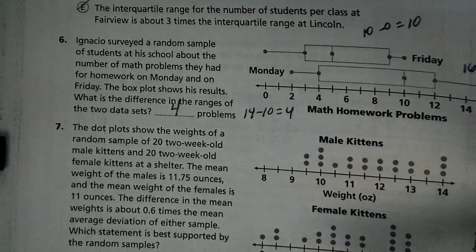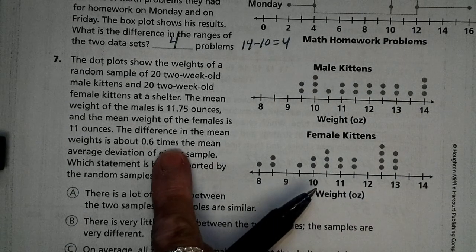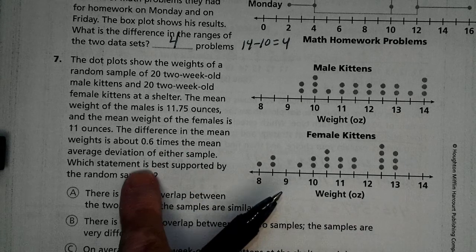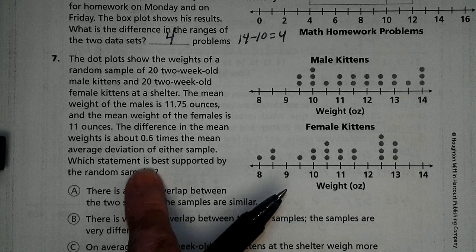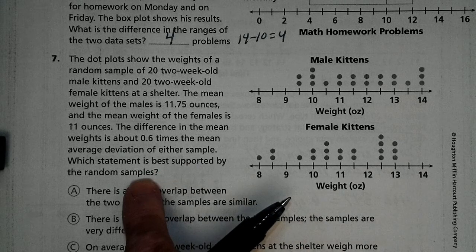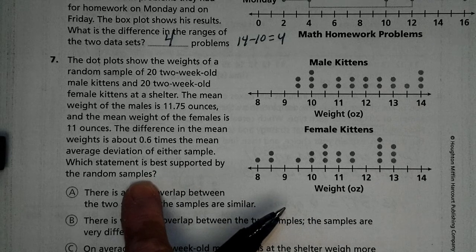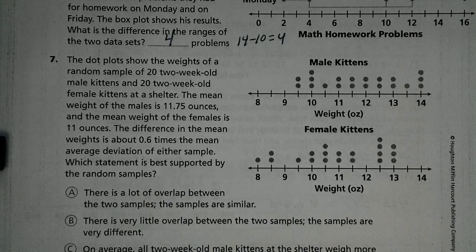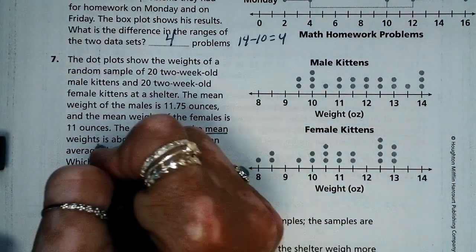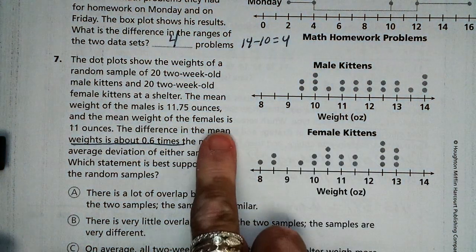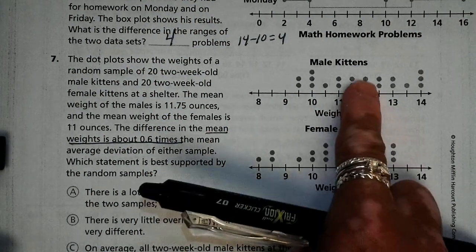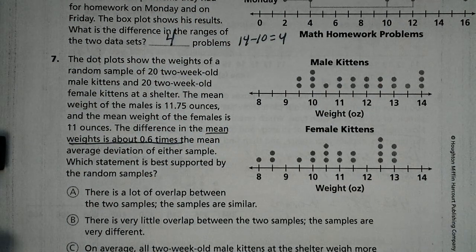The difference in the mean weight is 6/10 times the mean absolute deviation of either sample. Which statement is supported by the random sample? So if you remember, guys, the smaller the mean deviation, the more overlap we are going to see.